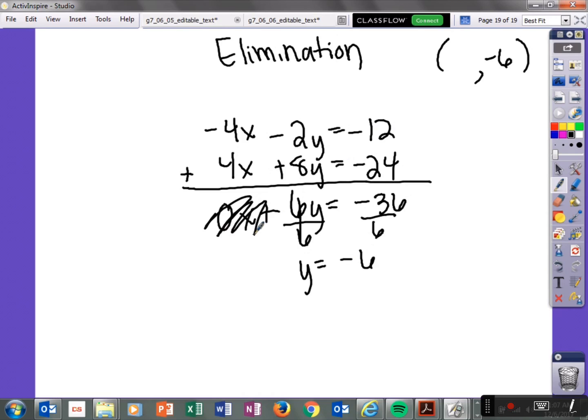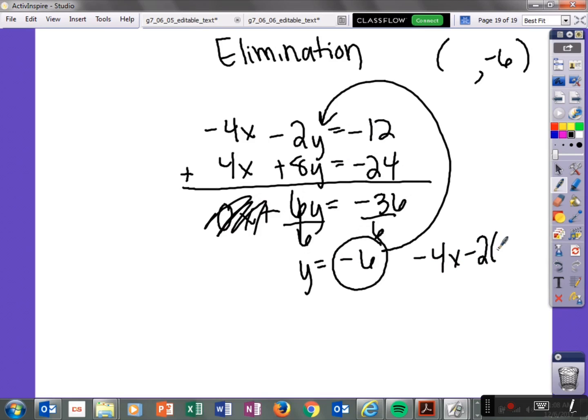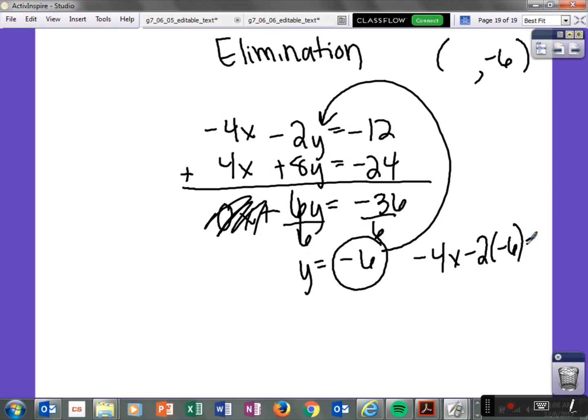Okay, it's still there. So what we're going to do, we're going to take this -6 and plug it into the y on top. I know what y is, and I need to find x. The only thing keeping me from knowing what x is up here is not knowing y. So if I plug y in, -4x minus 2 times -6 equals -12.